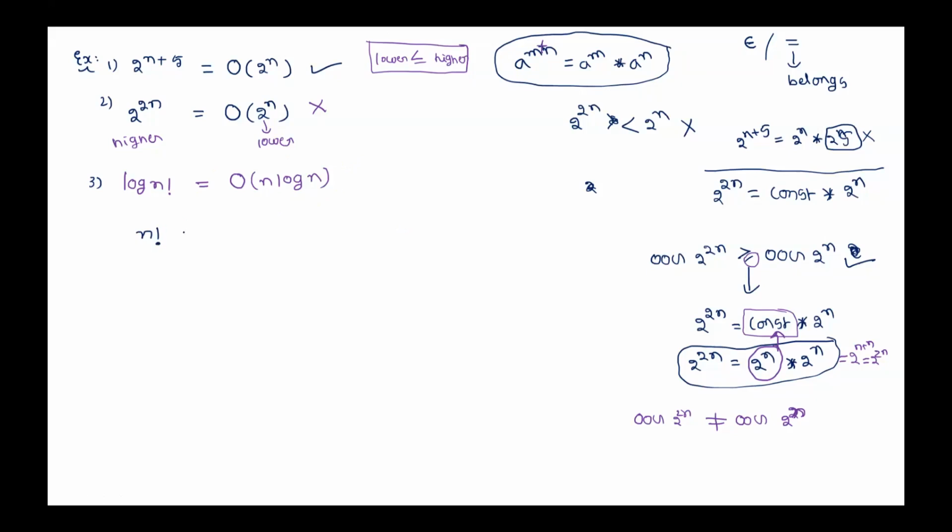This is the same as 1 into 2 into 3 up to n. Is that correct? We know that this value is lower than n into n into n.